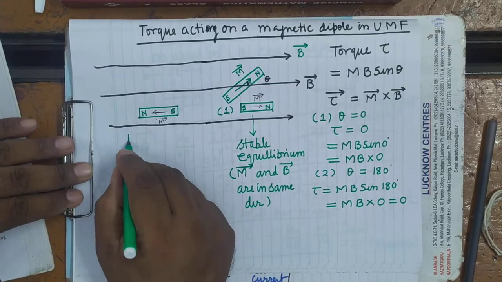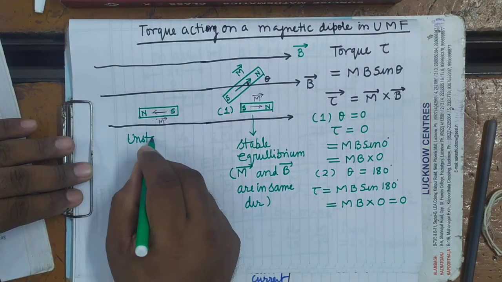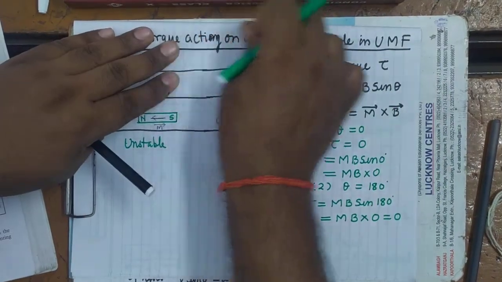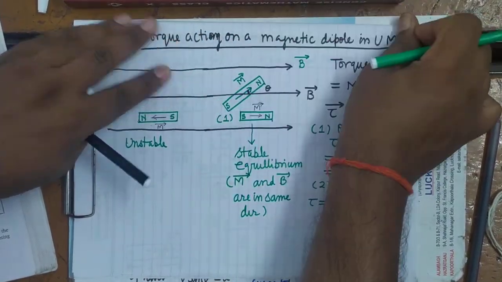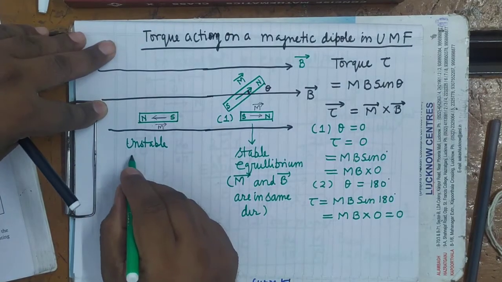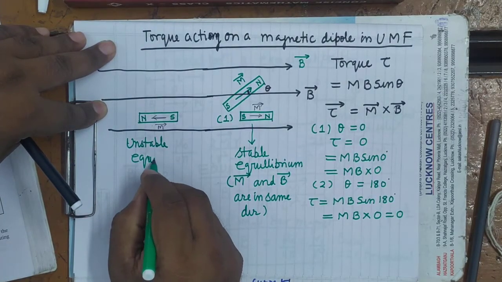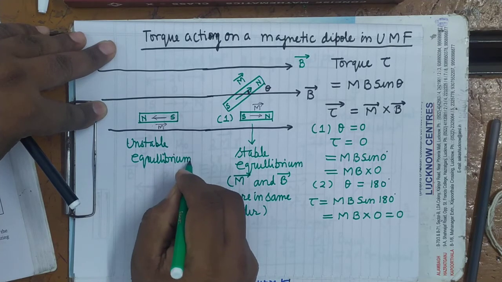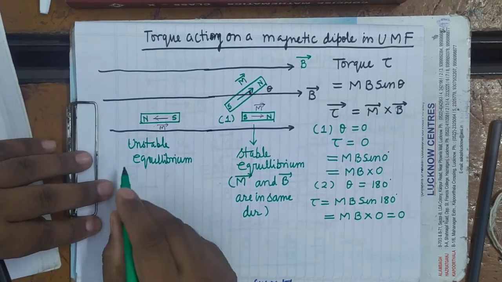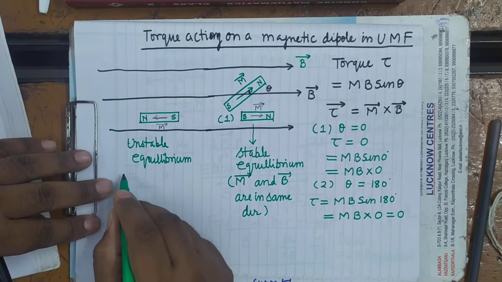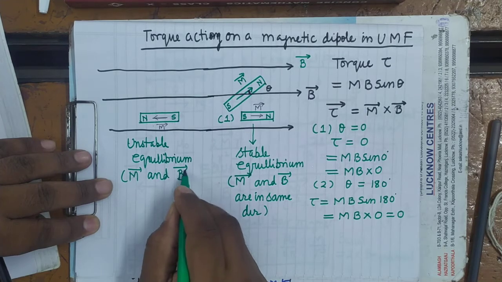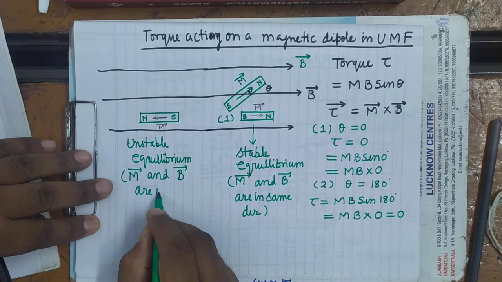Here it is unstable equilibrium. You can see this is unstable equilibrium. It's clear. Here unstable equilibrium means vector M and vector B are in opposite direction.